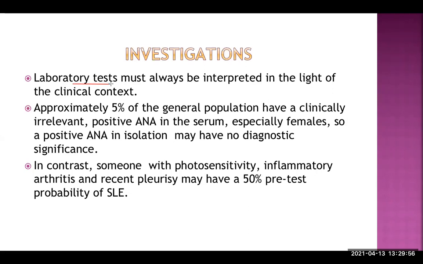What determines that is my findings from the history taking and physical examination. After that, I should make one provisional diagnosis, and accordingly I will order the tests. And during interpretation also, I will always follow what findings I get. Otherwise, there may be a mistake.